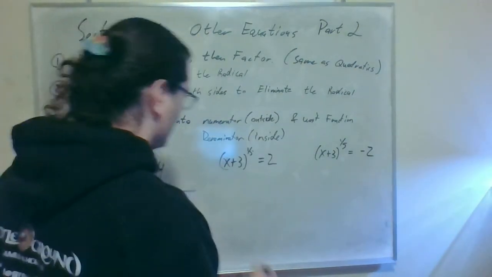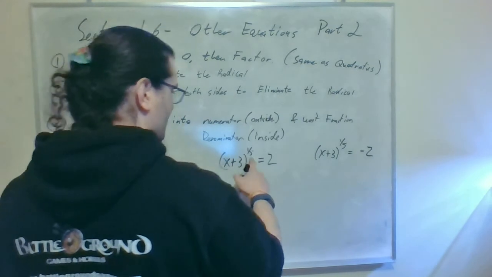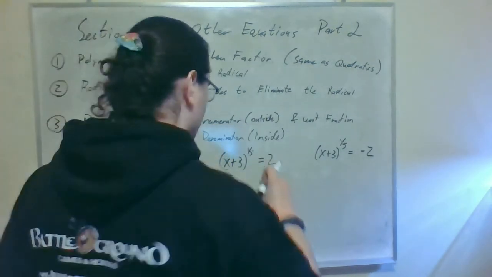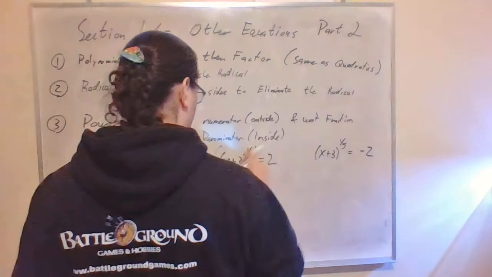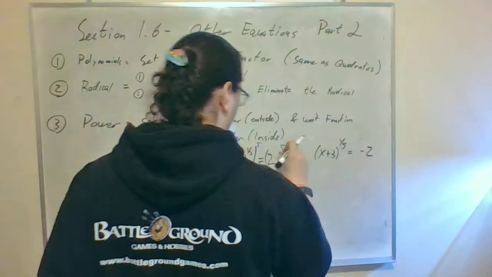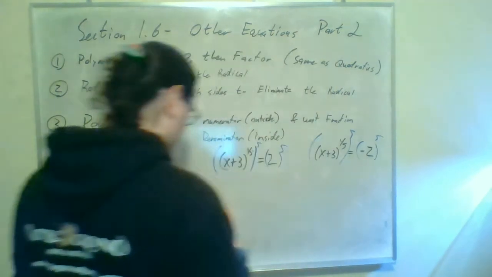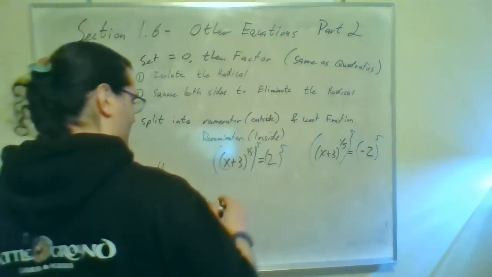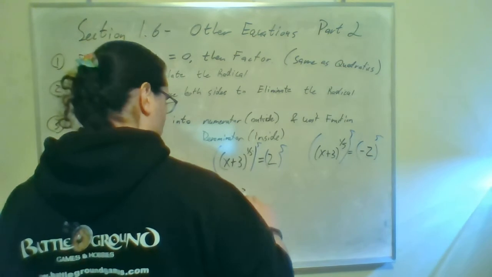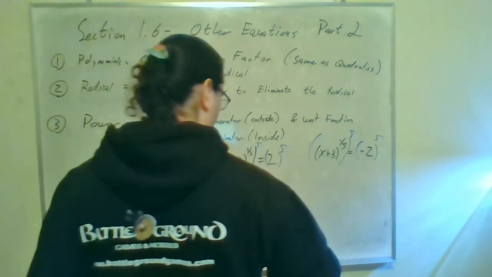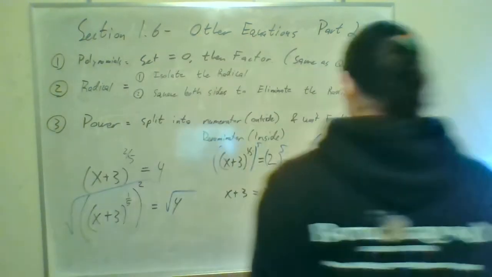We proceed like normal from here. We need to deal with this 1/5 business, and we deal with the 1/5 business by raising everything to the 5th power, both equations. So the 1/5 and the 5th will cancel, and that's just an x + 3 over here. 2 to the 5th is 32. Same thing happens here.